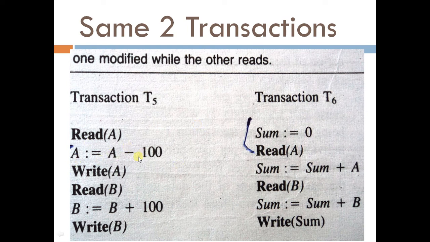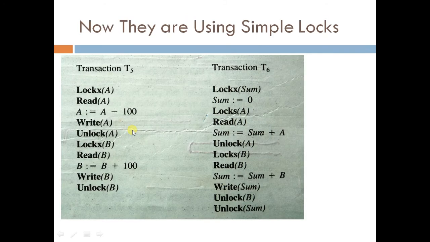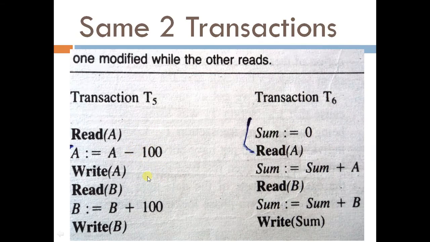So this transaction was deducting 100 from A and putting it to B, and this transaction was making the total of A and B. And if A was 1000 and B was 500, then the total will come 1500 only. Either this executes first or this executes first, in any case, the sum will come 1500 only. Now, we have seen that if we try to execute them without any control, then two types of problems can come: the inconsistent read problem and the lost update problem.